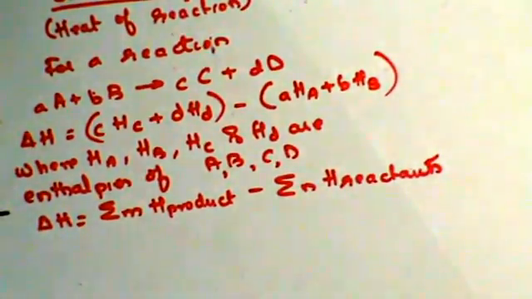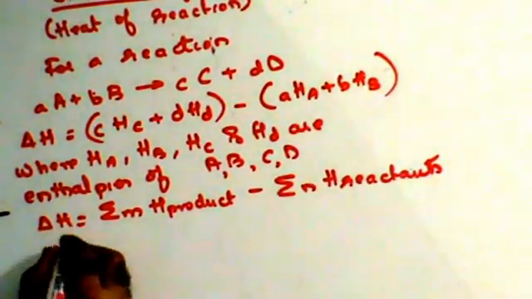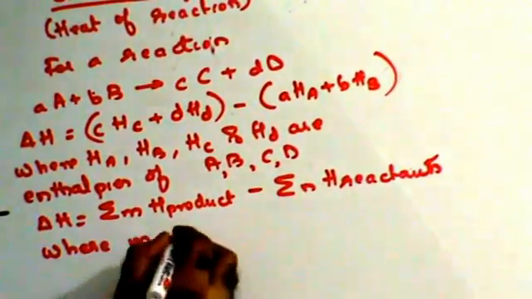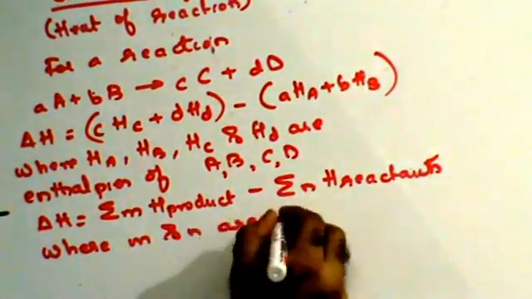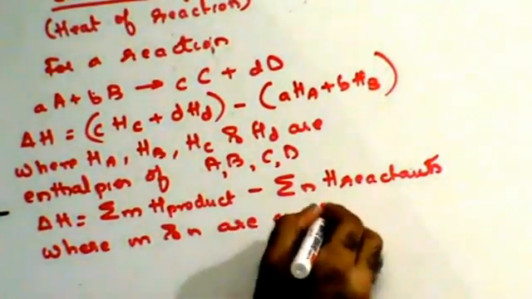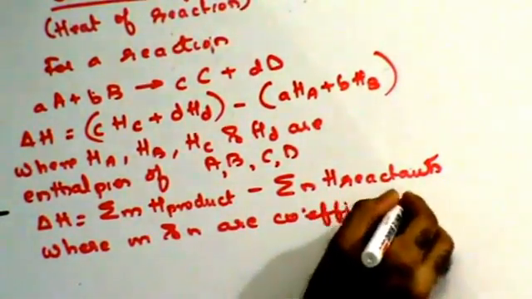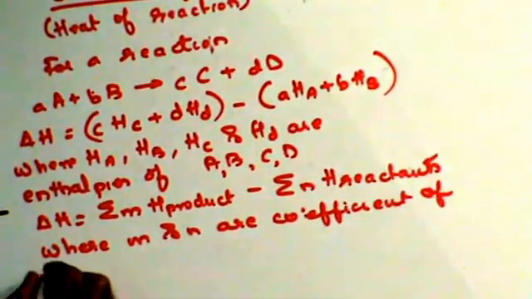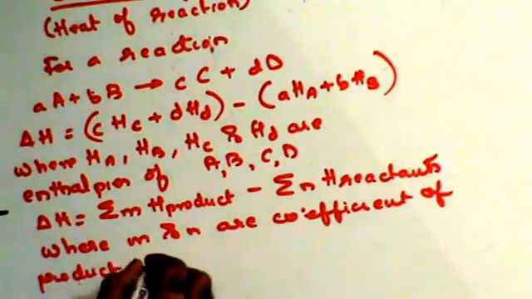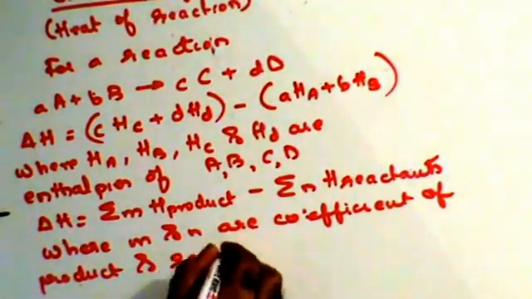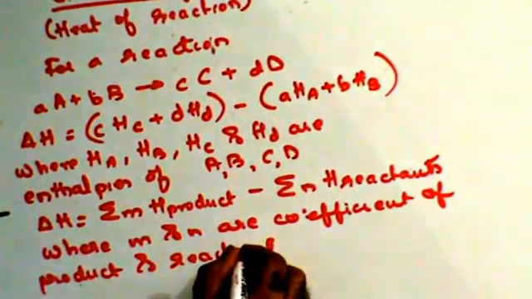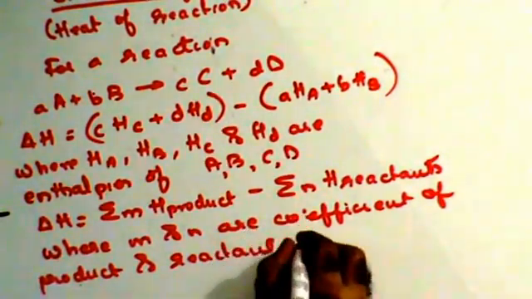Right? Where m and n are coefficients of products and reactants in the balanced equation.